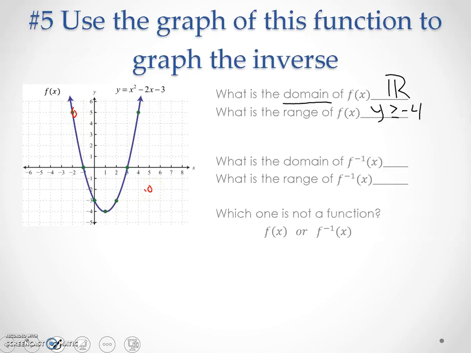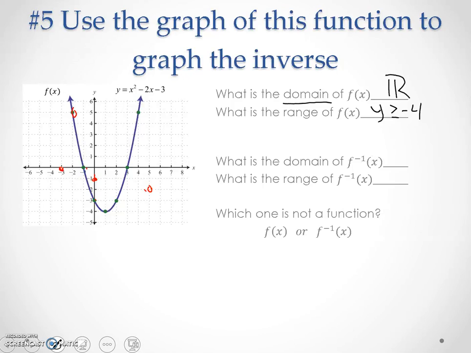Then I have this point here, which is -1, 0. And if I went 0, -1, I'd have this point right here. Then if I take this point, which is 0, -3, and I switch the x and the y around, I'd have -3, 0, which is right here.